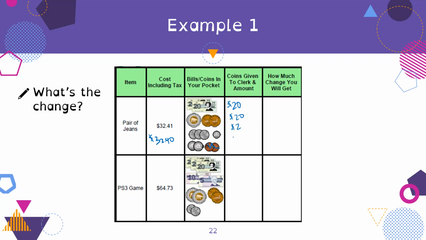And then I would pay the 25 cents, 10 cents, and 5 cents. And this all equals $42.40, right? 20, 40 plus 2, 42, then 25 plus 5 is 30, plus 10 is 40 cents.